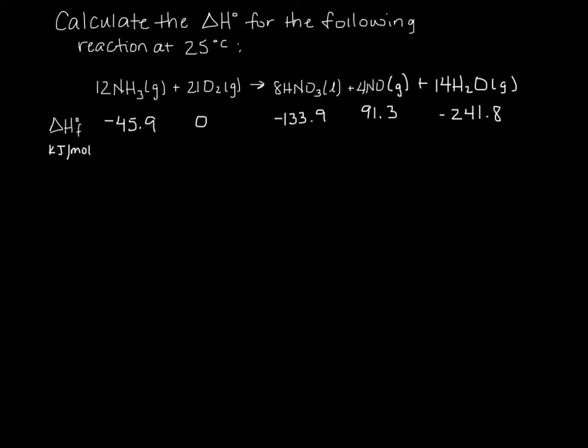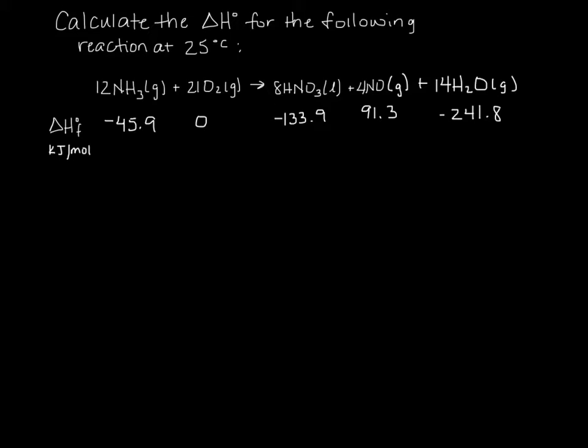And what that tells us is how much energy is required to form these different compounds. So using our delta H of formation, our energy required to form the compounds within a reaction, we should be able to calculate the delta H for the entire reaction.